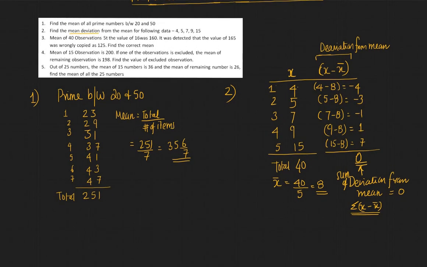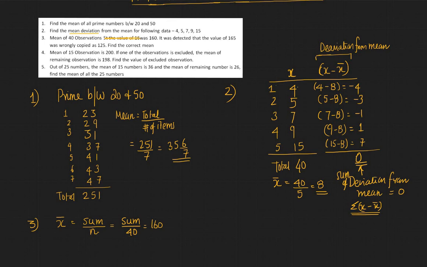So let's read the problem. Mean of 40 observations. Oh, I'm sorry about this, this is a typo. So the mean of 40 observations was 160. Let's write that: mean x bar equals sum by n, which is the number of items. So the mean of 40 observations, that is sum divided by 40, because n is 40, was 160.